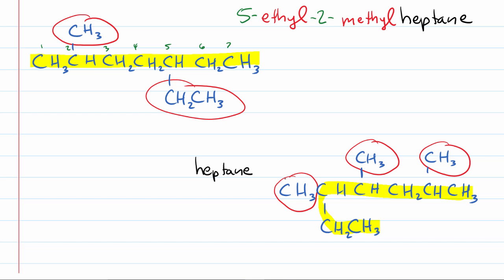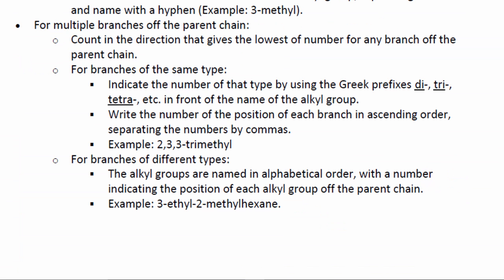Now that we have 3 different branches off of the parent chain, we ask ourselves how many carbon atoms are in each branch. 1. There's 1 in this one, 1 in this one, 1 in this one. So what do we call a 1 carbon branch? Methyl. A methyl group. If we have multiple branches of the same type off the parent chain, we indicate the number of that type using the Greek prefixes di, tri, tetra, etc. in front of the name of the alkyl group.